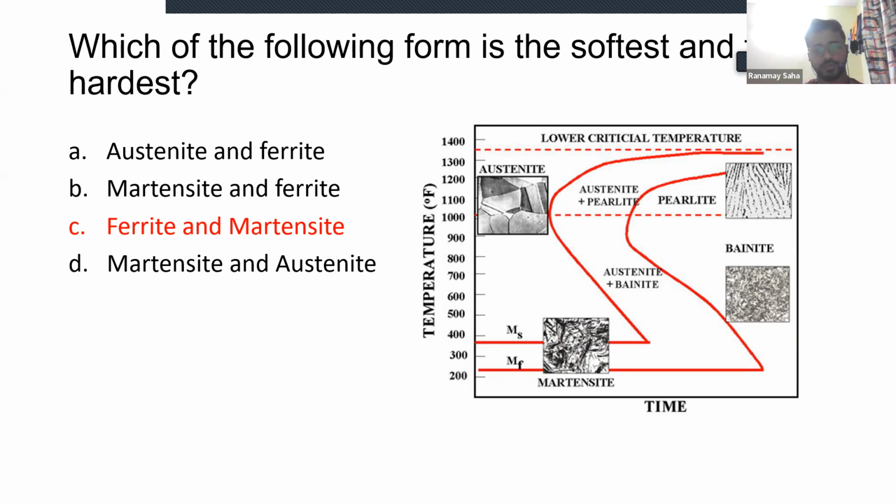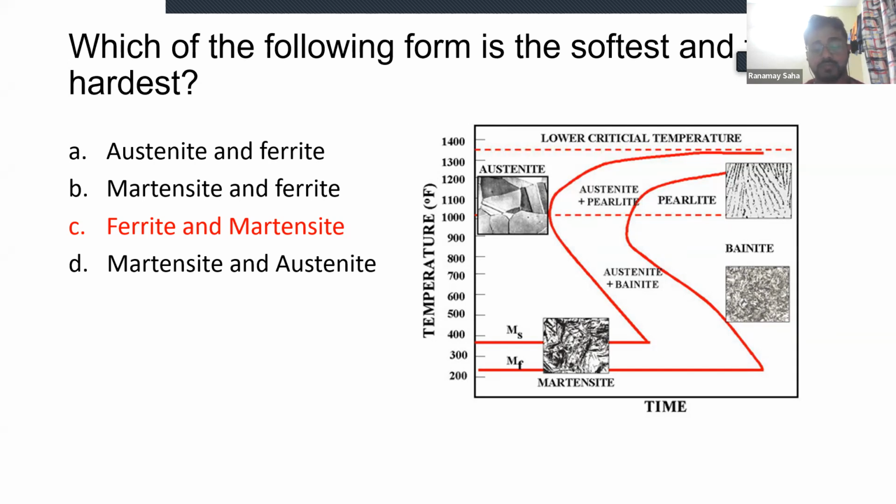If we quickly quench austenite to the martensitic temperature range, there is no time for the formation of bainite or pearlite, and quick quenching results in the formation of very hard phases with small grain structures, so that the dislocations get arrested.